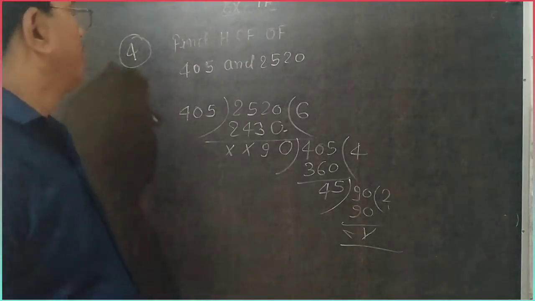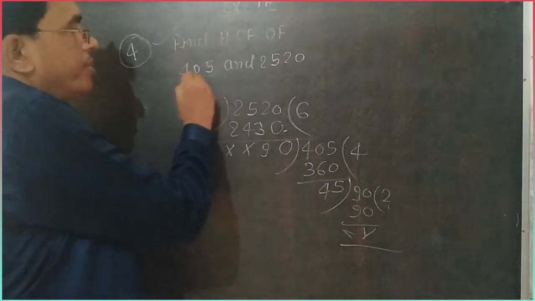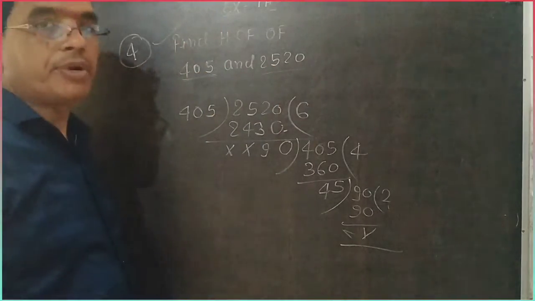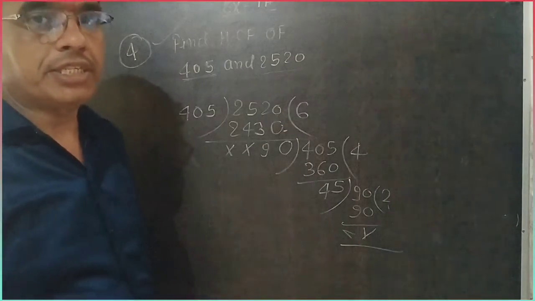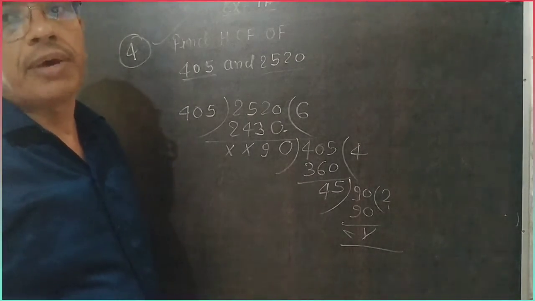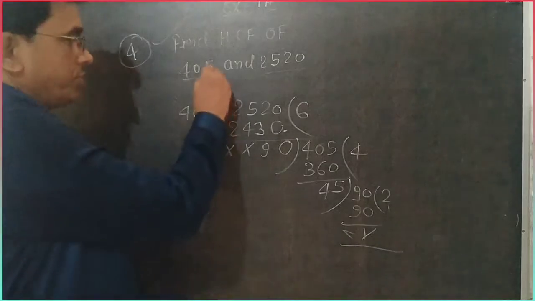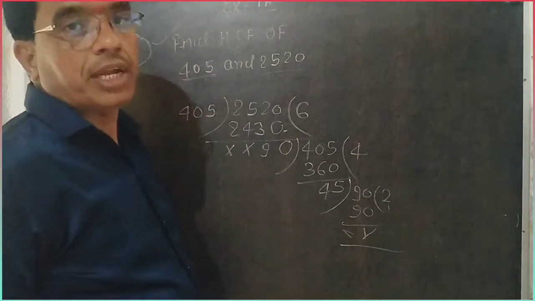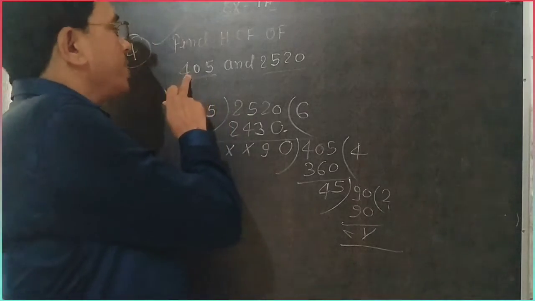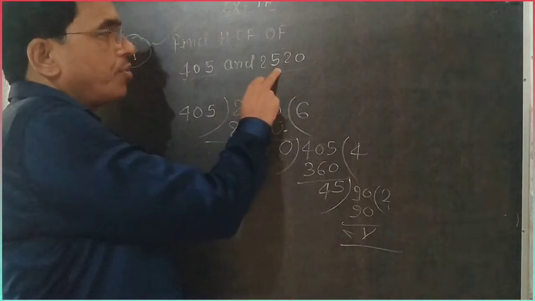Now see, find the HCF of 405 and 2520 by Euclid's division lemma. Dear students, this HCF I also solve in your examples. So first we solve this HCF by the division method as in previous classes. Here are two numbers, one is 405, other is 2520.